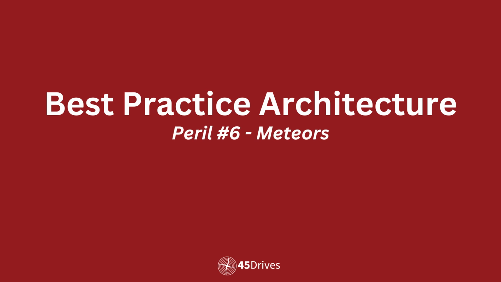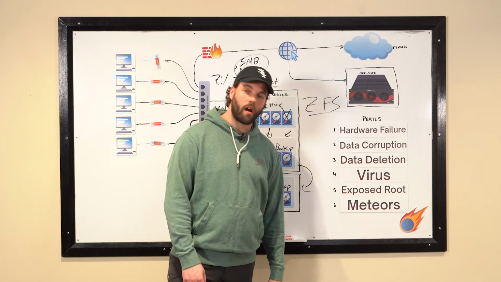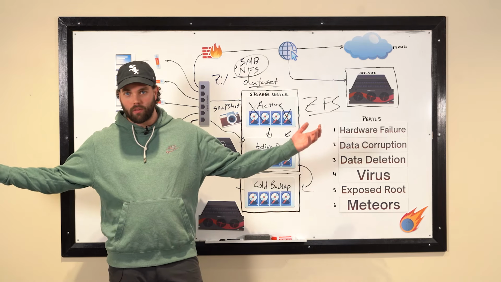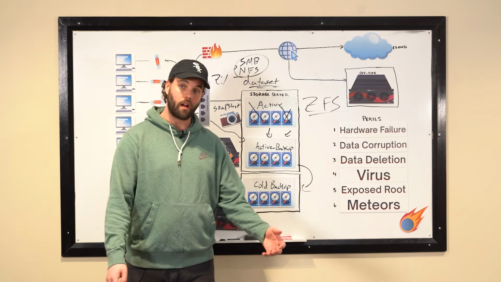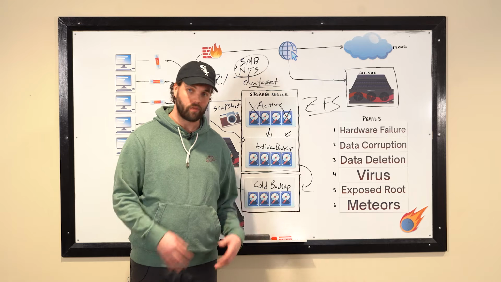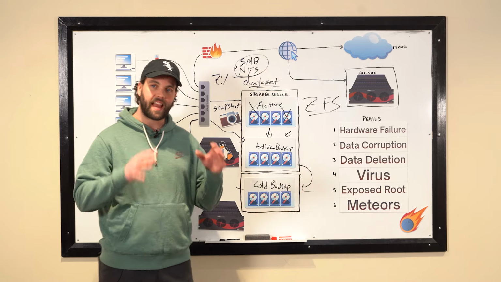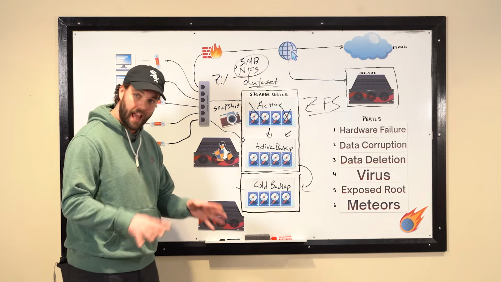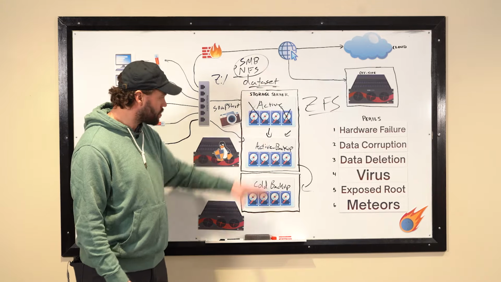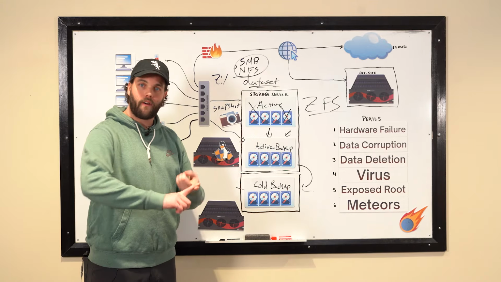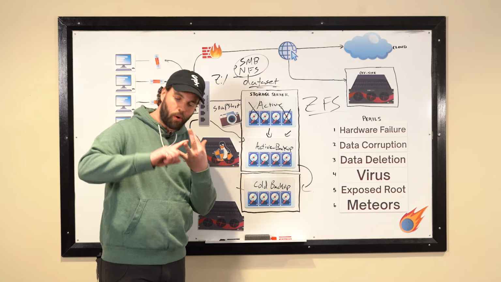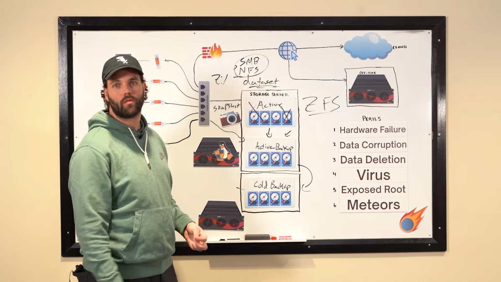Okay, so that brings us to our final peril here. And meteors are the metaphorical meteor, of course. It could be a real meteor. Again, I contend that we'll have bigger problems if it's a real meteor. But my point is it's catastrophic damage to your server and the environment around it. Fire, a flood, a meteor that's perfectly sized to take your storage server out.